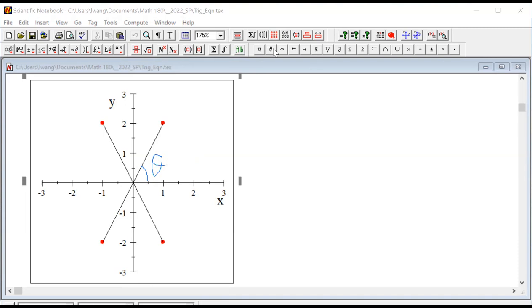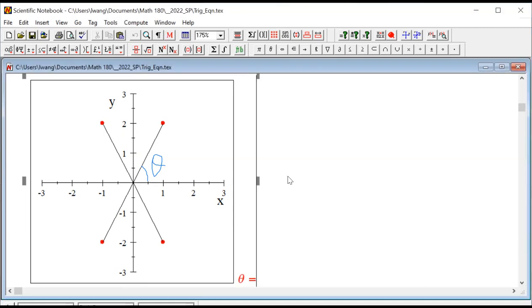So theta is equal to arctan of positive 2, because this point is 2 over 1. If we get theta on this terminal with plus k pi, we got this whole line covered. How about this angle?